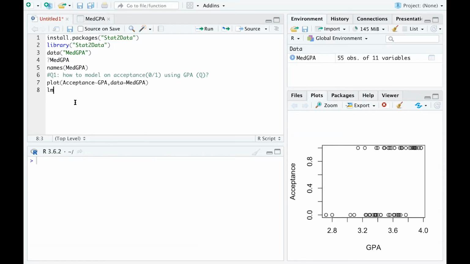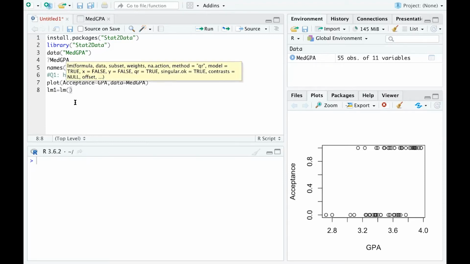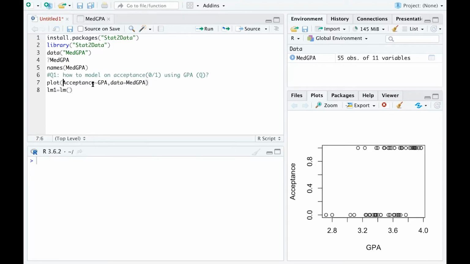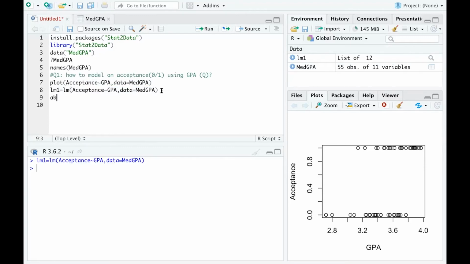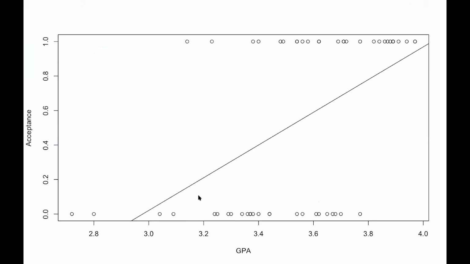So let me build my first linear model just to give you a bad example. LM and everything is the same as it is in the plot function. So that is LM1, and then I add that model line to the scatter plot on the right side. So you can see my predicted acceptance is all over the place.